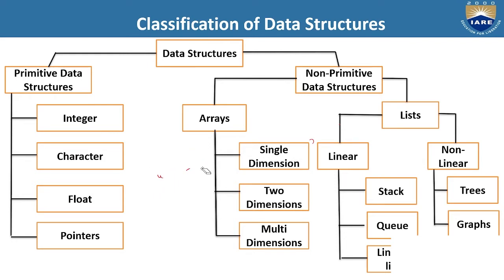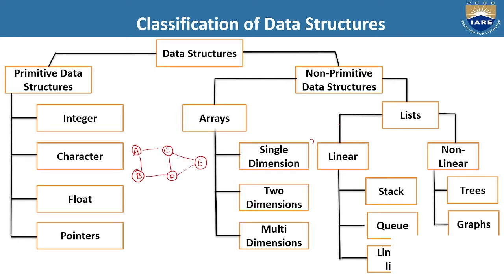If you look at graphs, let me give a small graph for you. So let me draw a small graph: A, B, C, D, and E. Here are the 5 nodes. Okay, so how are they related?